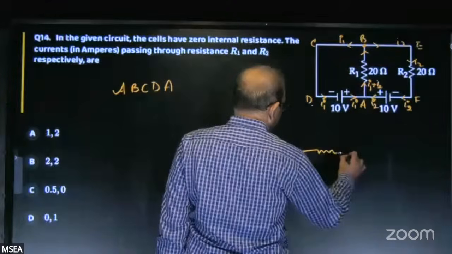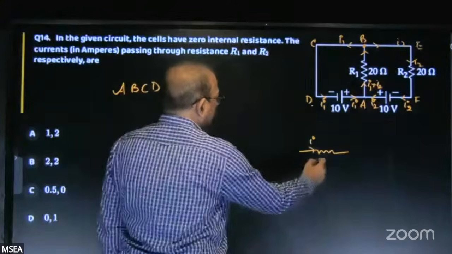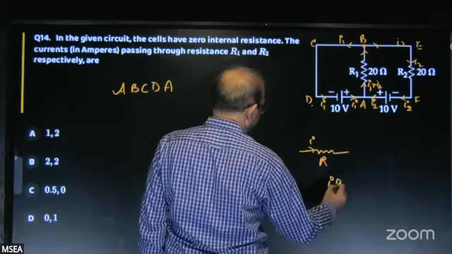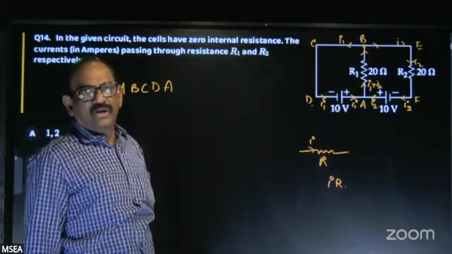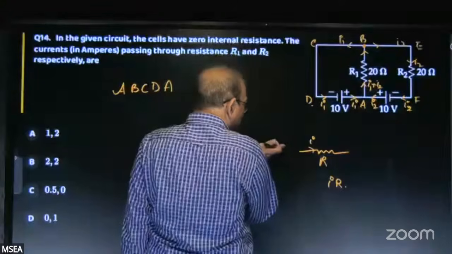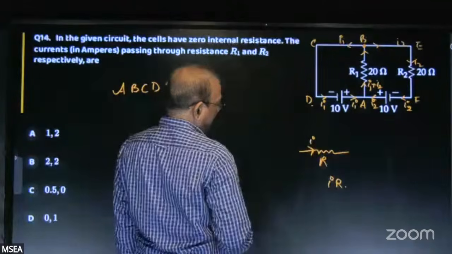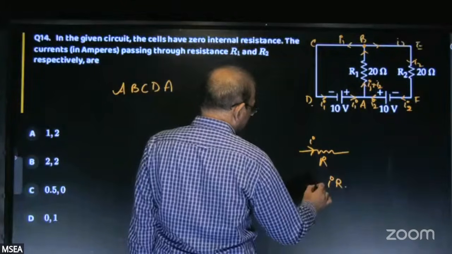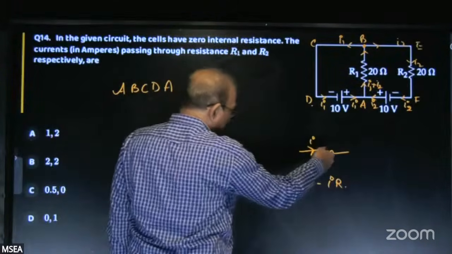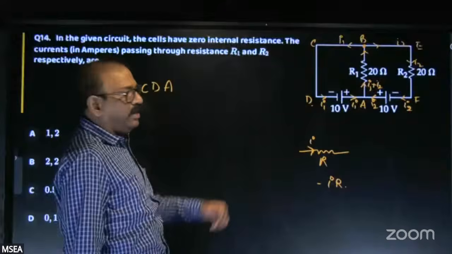For any resistor, when you are writing the potential difference across it, it is the product of current and resistance. For this, the sign convention: if you are going along the same direction as the current in that conductor, this potential difference is taken with negative sign. If you are going opposite to the current, then this potential difference I into R is taken as positive.